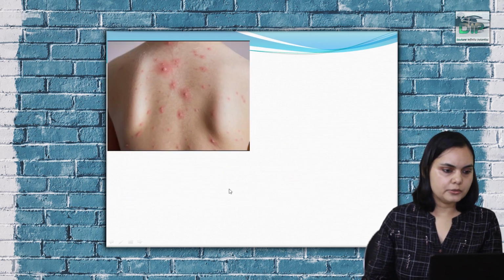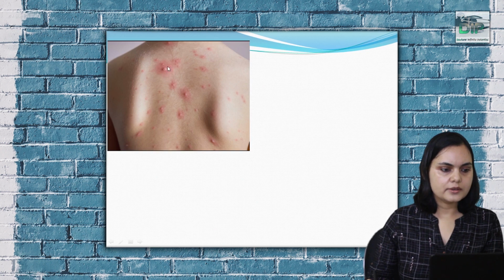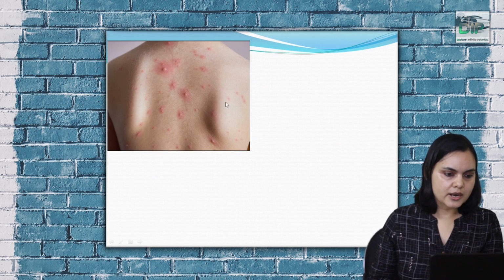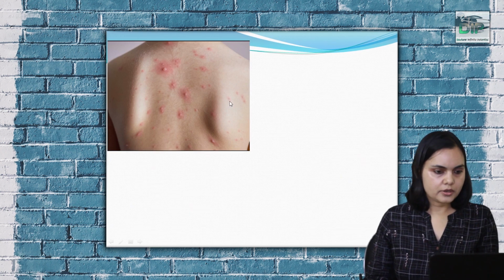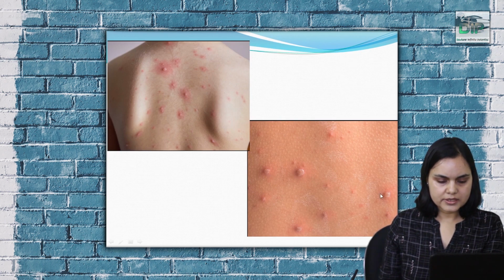Here in this picture, we can appreciate there are some papules, some early vesicles containing clear fluid with surrounding erythema, and some in the crusting stage, with central crusting. Similarly, in the closer view, these are papules, and these are vesicles.